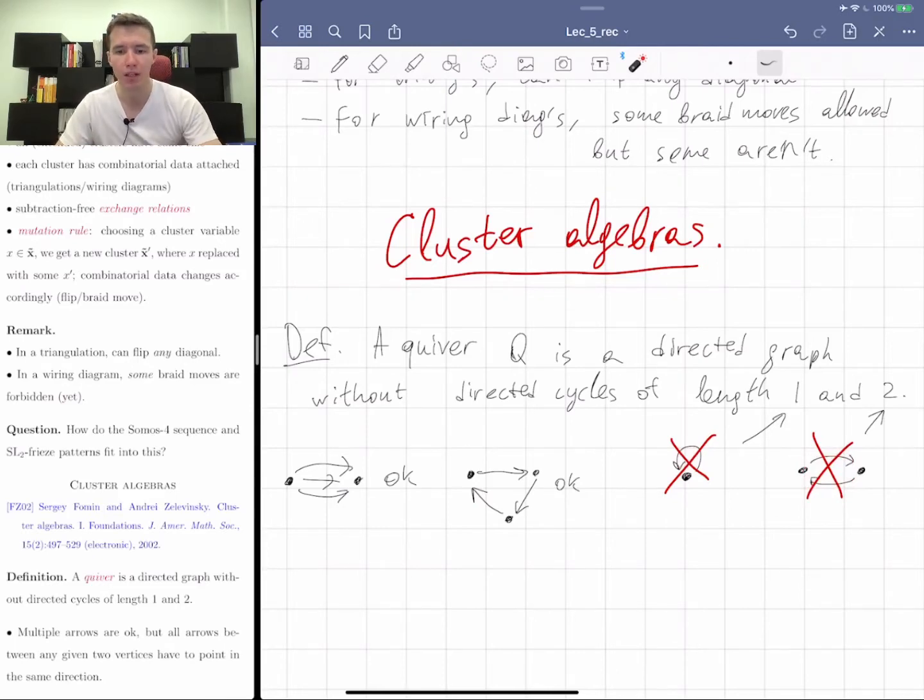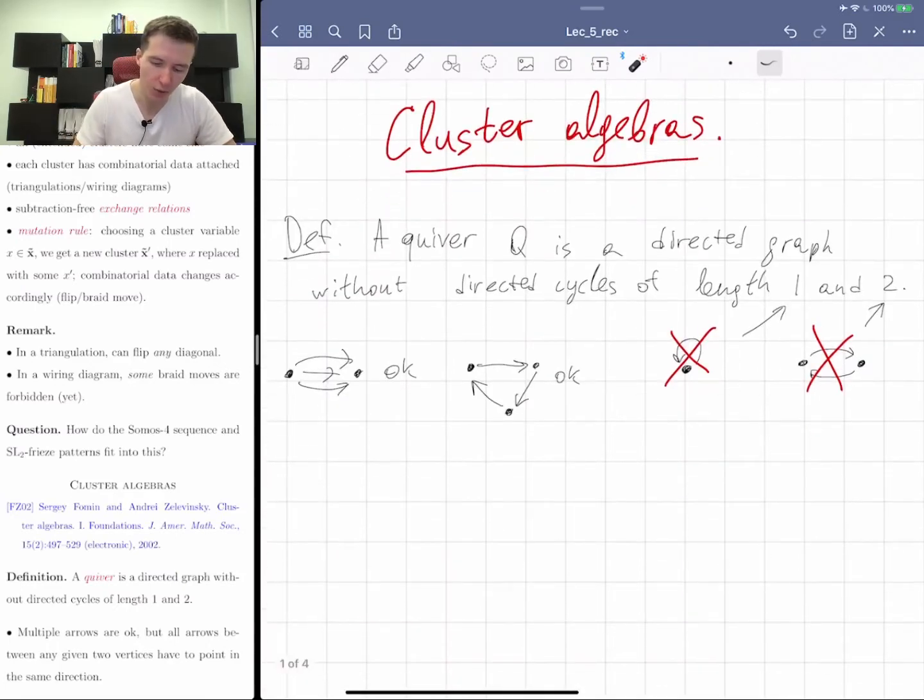So far I have defined quivers, but remember we had these frozen variables. There are usual variables that you can mutate, and there are also frozen variables. So I want to introduce the same for quivers, and that's going to be called an ice quiver.